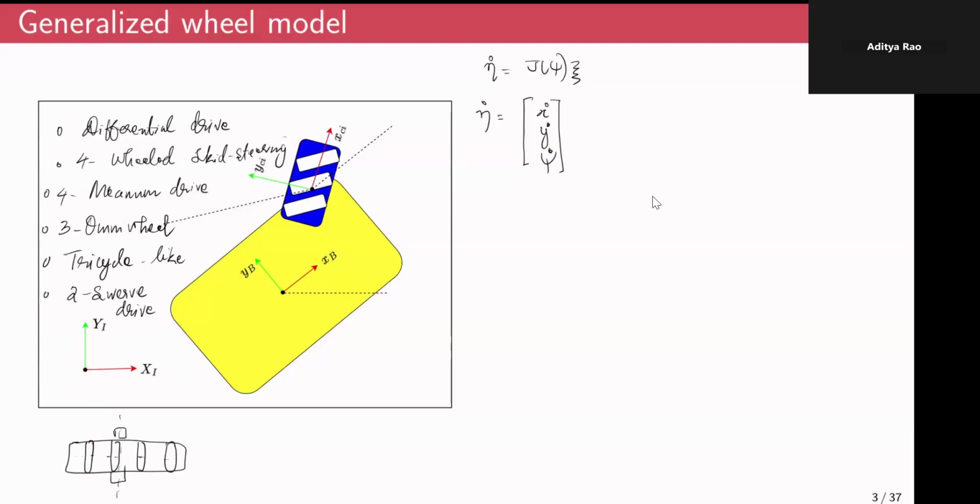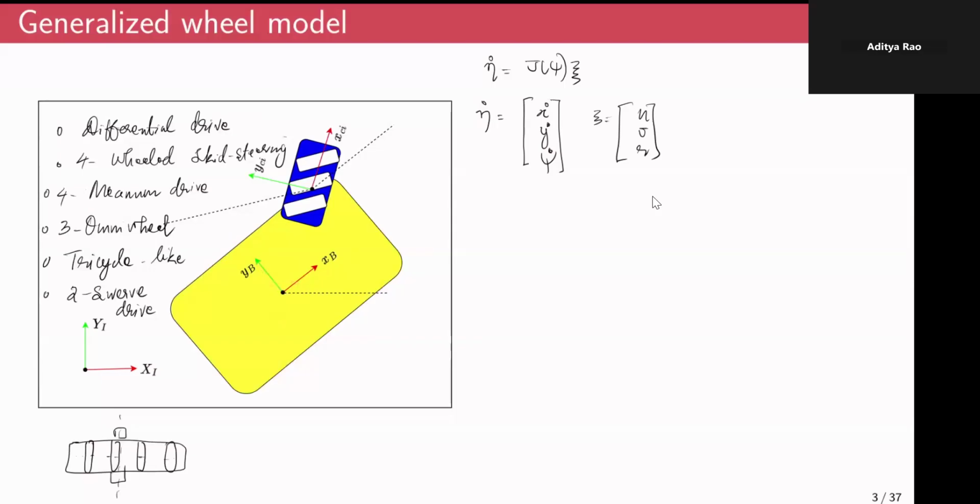And the zeta is nothing but the velocities in the frame of reference that is attached to the chassis of the robot. That is nothing but u, v, r, where u is the linear velocity along the xb axis, v is the linear velocity along the yb axis, and r is the angular velocity along the zb axis.